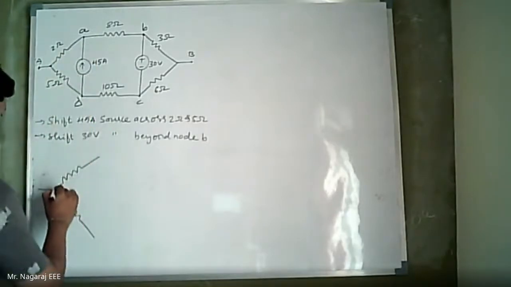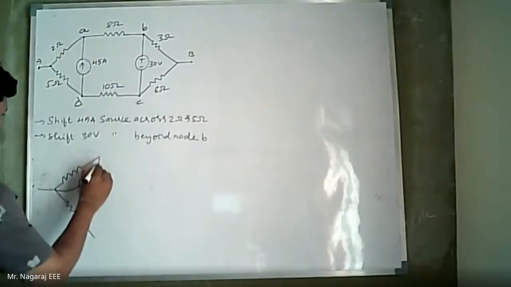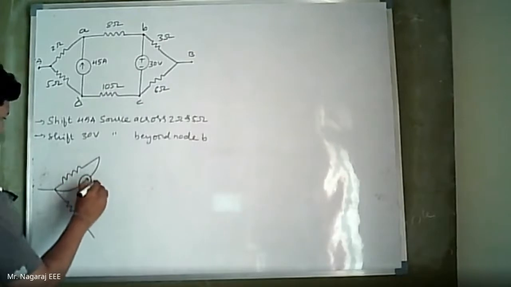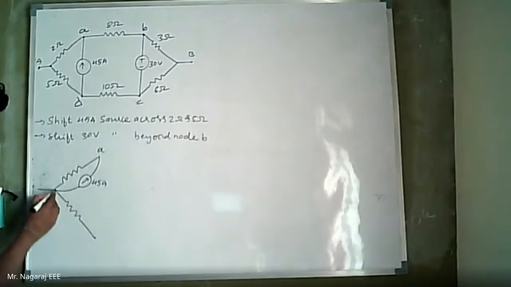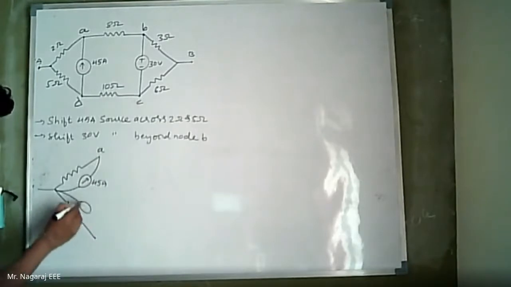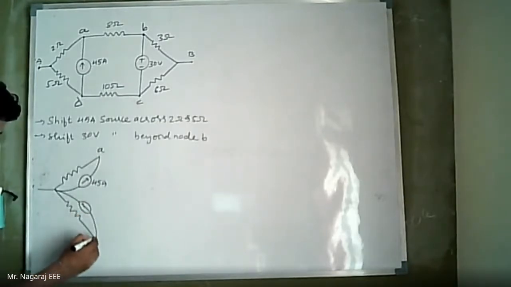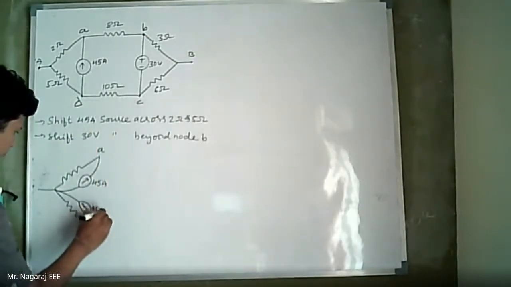So we do that. What will we get? This is the 45 amp source. It is entering node A, so the direction should be towards node A. It is exiting node D, so the direction should be like this.